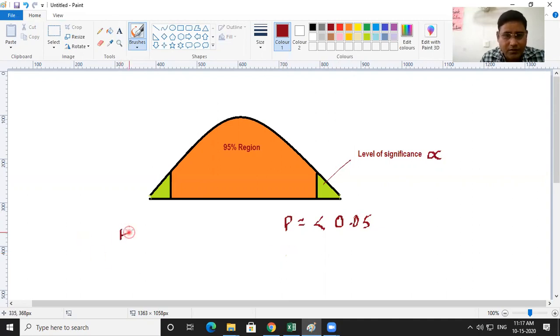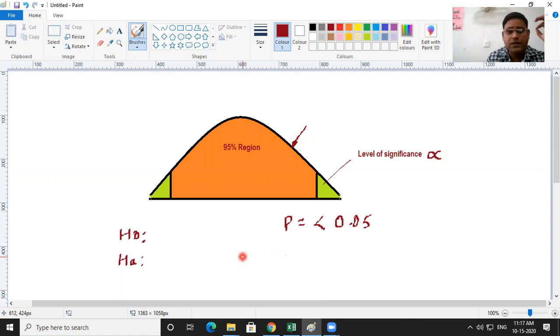So this is our null hypothesis and this is our alternative hypothesis. So if our p value is less than 0.05 means 5%, it means we are here in this graph. This is our level of confidence. So in that case we are confident, more than 95%, that our null hypothesis is wrong and we can reject.